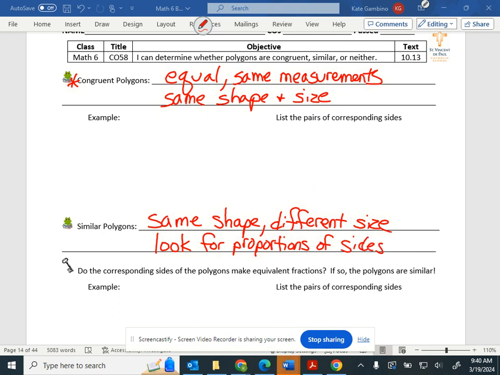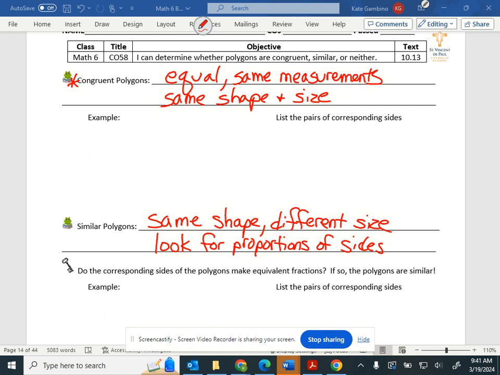Are they multiplying up or dividing down in the same amount? You put the sides over each other, divide them.